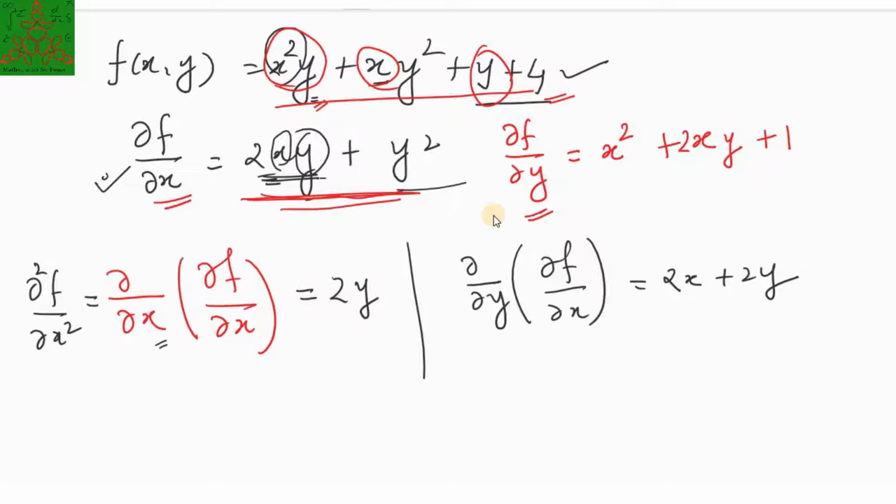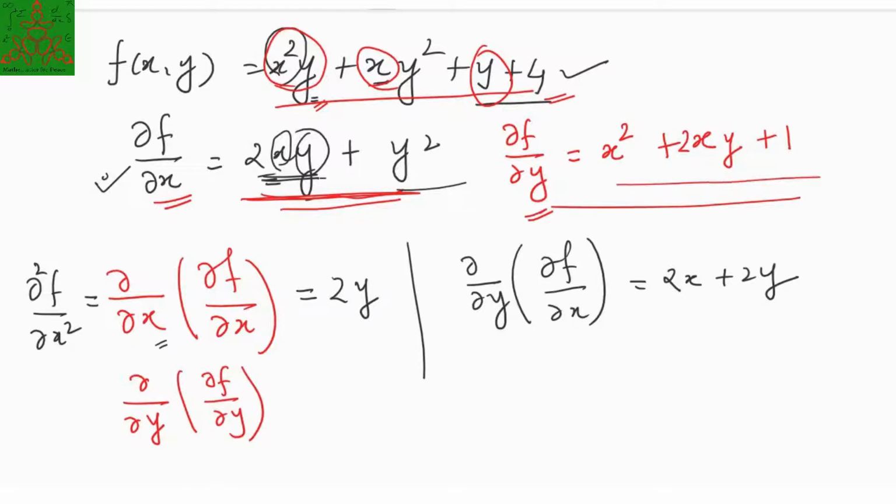In the same way you can talk about the second quantity that we have here, that is del by del y of del f by del y. So the derivative of this with respect to y will give you: the derivative of x square will become 0, the derivative of 2xy is 2x, as 2x is constant and the derivative of y is 1, the derivative of 1 is 0, so we'll have 2x, and that will be denoted as del square f upon del y square.